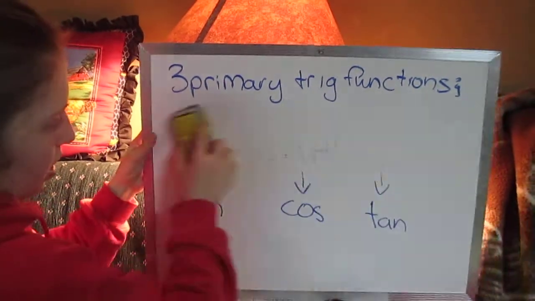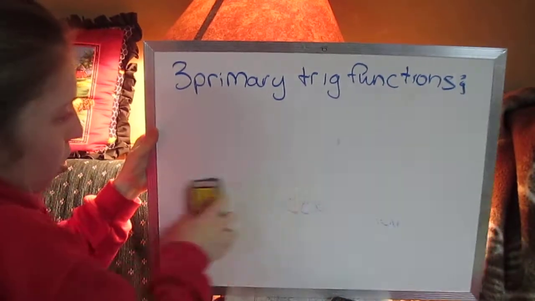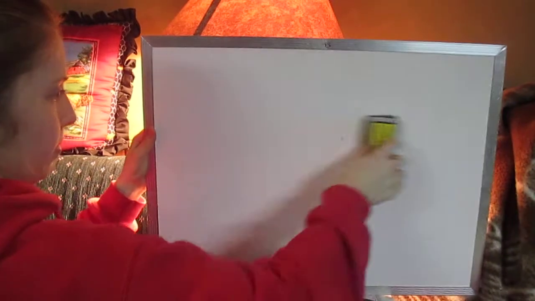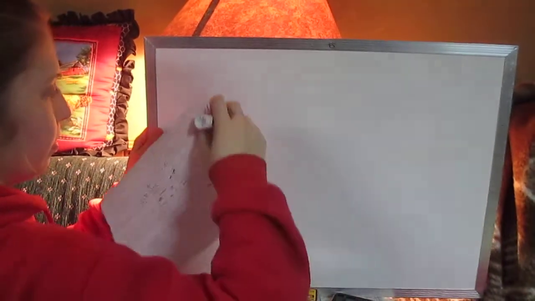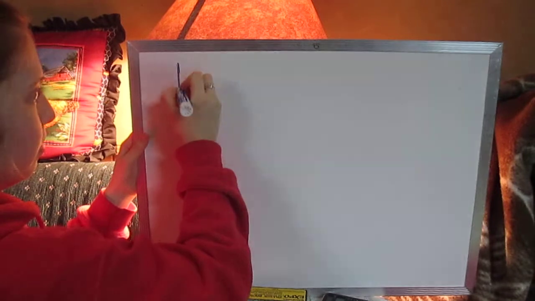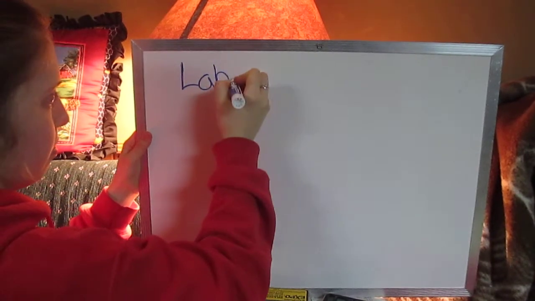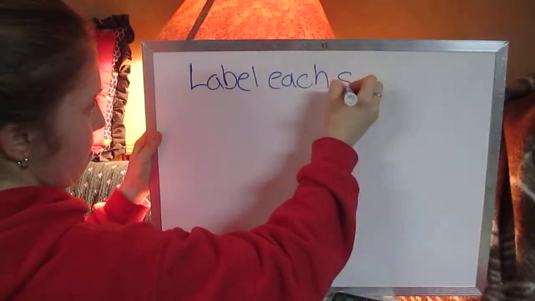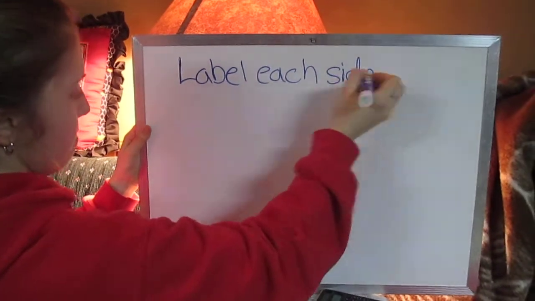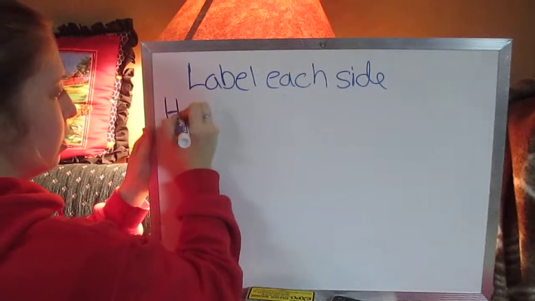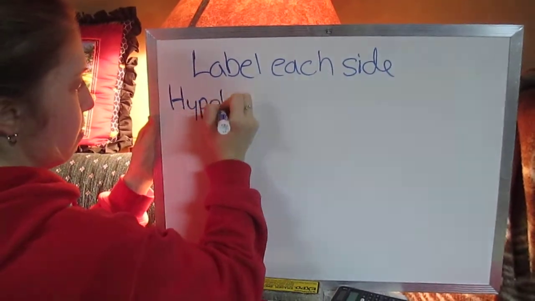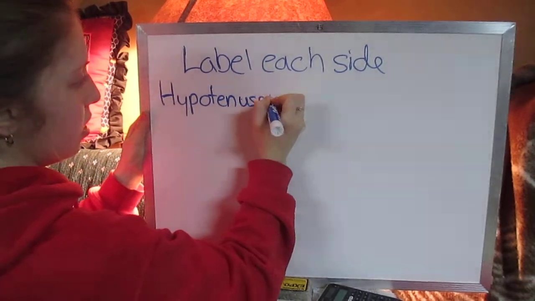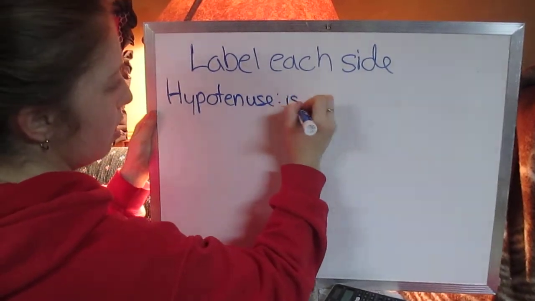Alright, next step is to know how to label each side of the triangle. The hypotenuse is always the longest side.